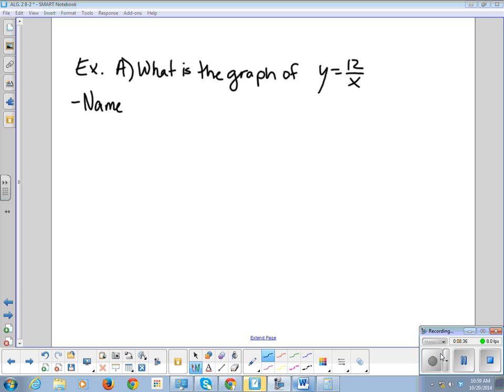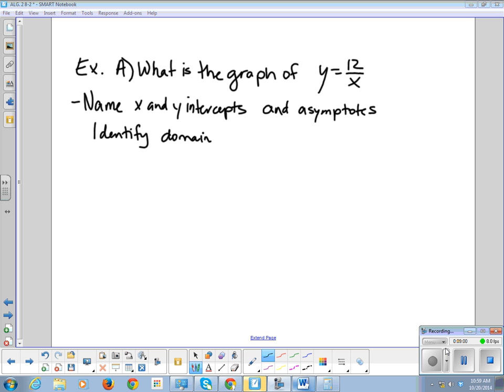We get to name the x and y intercepts, and asymptotes. And we get to identify the domain and range. So let's put our graph down.